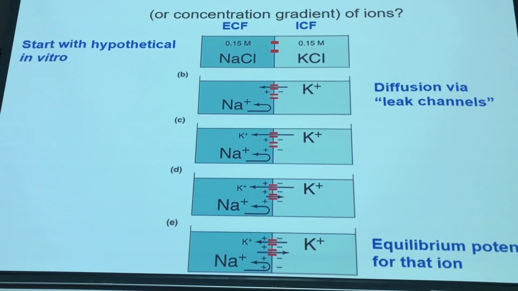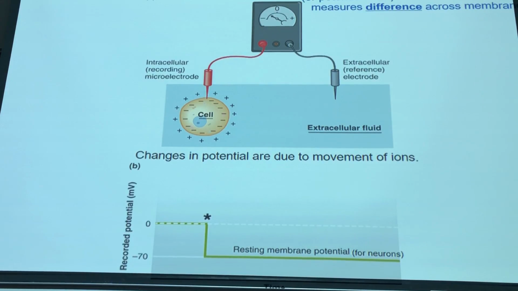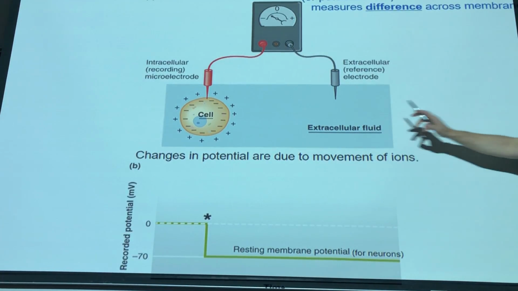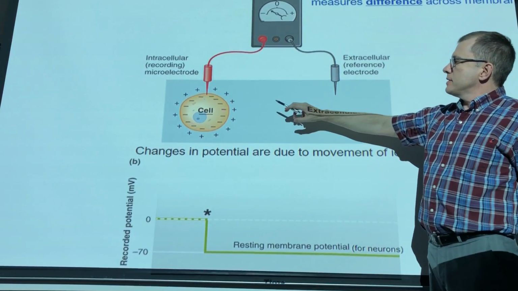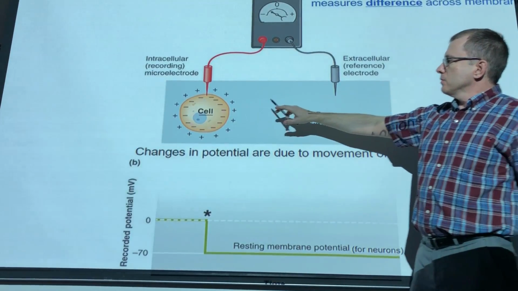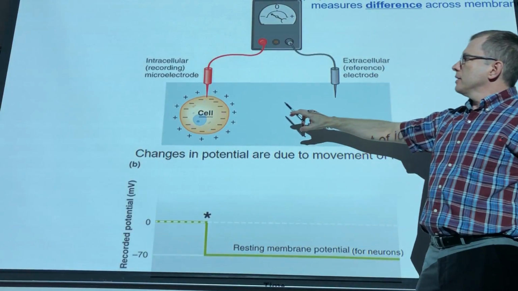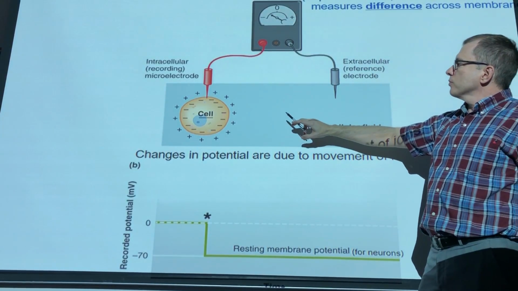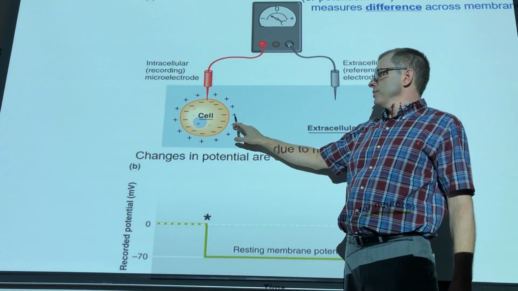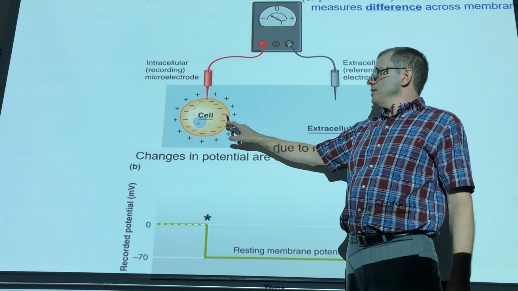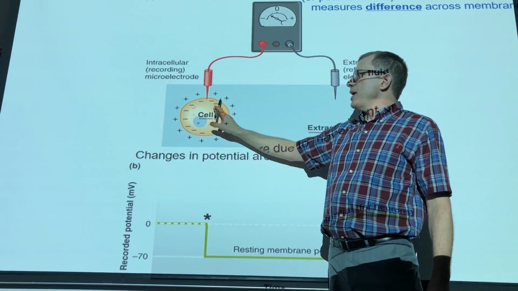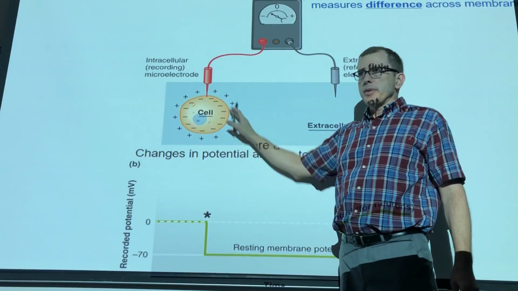Oh, the other thing I wanted to bring up real quick is, when we're looking at the creation of these charges, obviously, this is a cell, so it has a semi-permeable membrane, right?